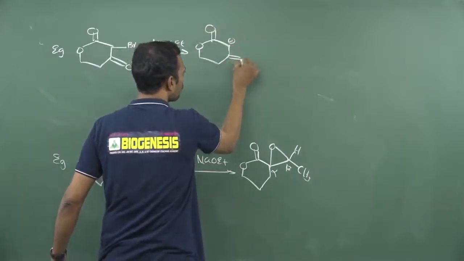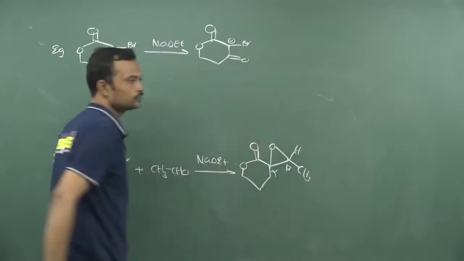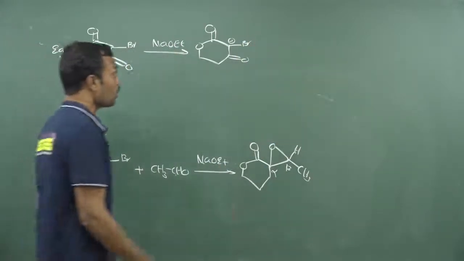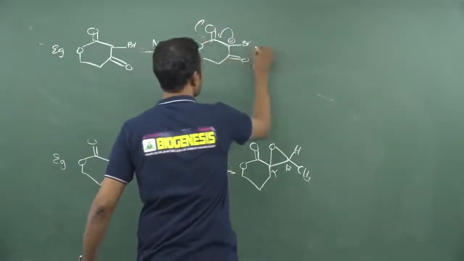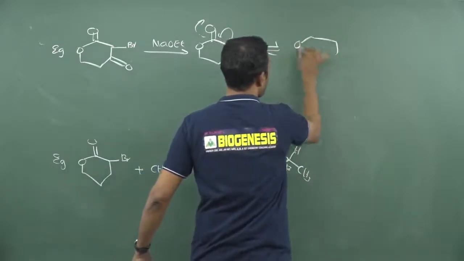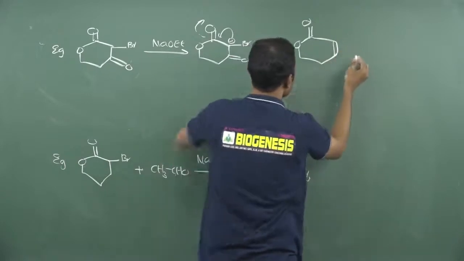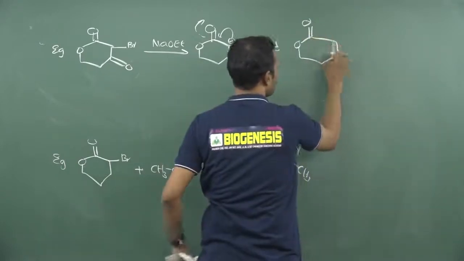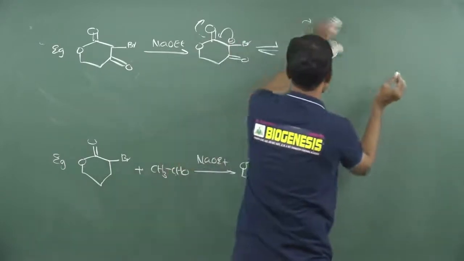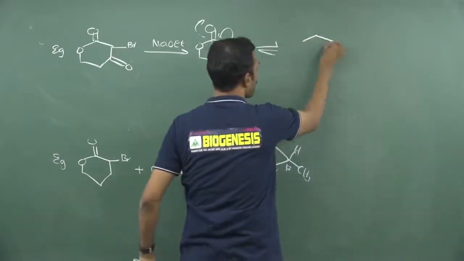This carbanion and here a halogen is present. Okay. Now after formation, this gets stabilized by the enolate form. Intramolecular is possible only if they have a definite difference in distance. Okay. So here a double bond formation takes place, the double bond stabilized by the enol form.